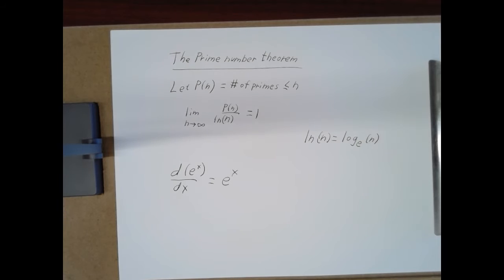It's a function that represents its own rate of growth. So for x squared, its rate of growth is 2x. For square root of x, its rate of growth is whatever that is. For sine of x, its rate of growth is cosine of x. But e to the x is the function whose rate of growth is e to the x. It describes its own rate of growth.